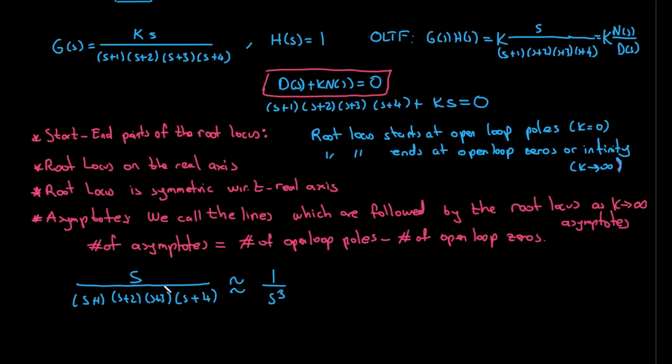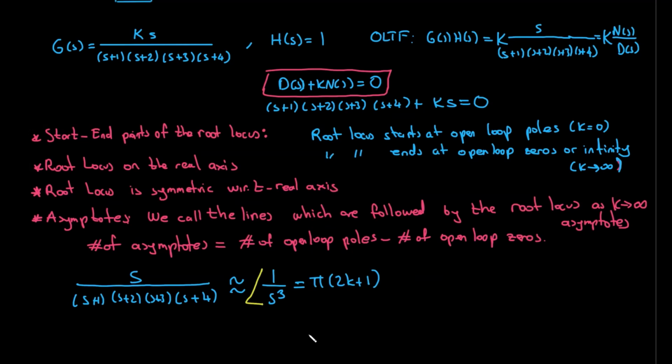When s is very, very big, this polynomial behaves as 1 over s cubed. That should also satisfy the angle condition if it's on the root locus. So the angle of 1 over s cubed should be an odd number of pi, equal to pi times 2k plus 1.